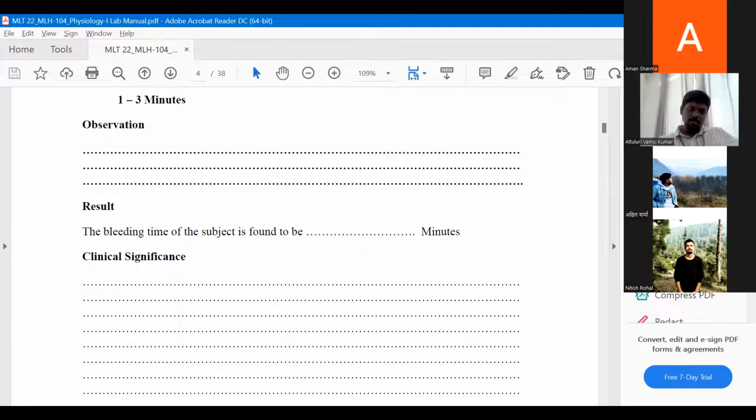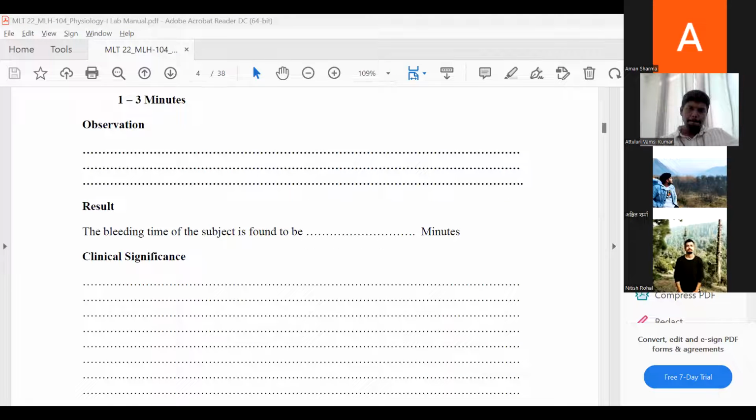Yes, someone has a doubt. Hello, sir. So, in the first method of finger pricking, when we put drops on the filter paper, we put drop by drop. If we prick the finger and then spot on the filter paper, then we have to wait for 30 seconds.